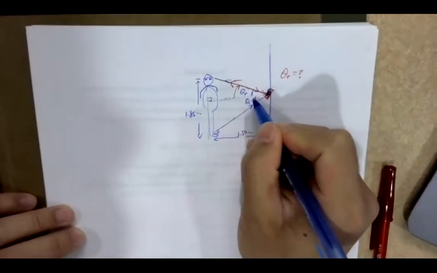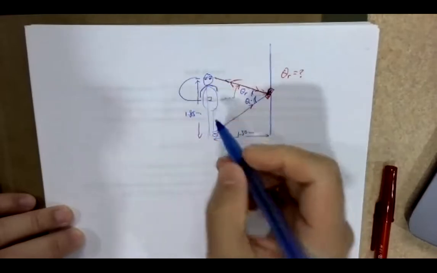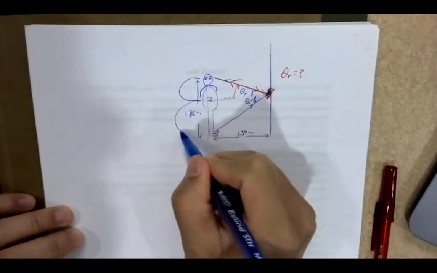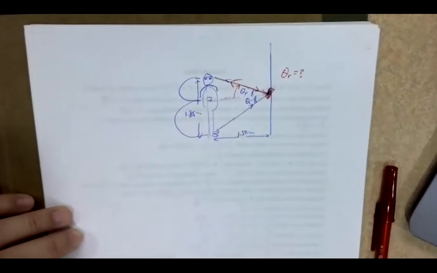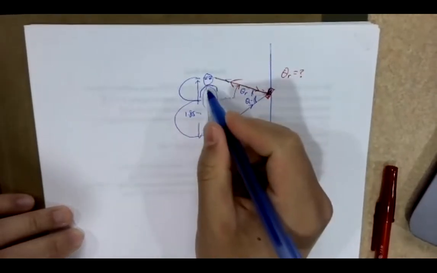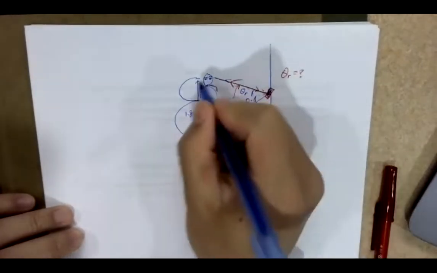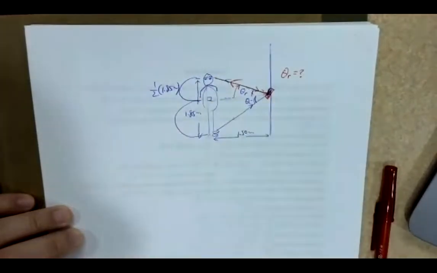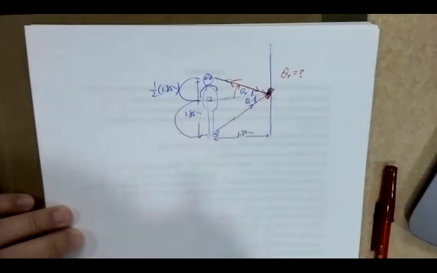If this angle is the same as this angle, then this distance from the eye to where the normal direction of the mirror is will be equal to this. So the height from the eye to the shoe will be divided into two halves. One half here, one half there. So this is one half of 1.85 meters, and this is the 1.5 that should be parallel to that.